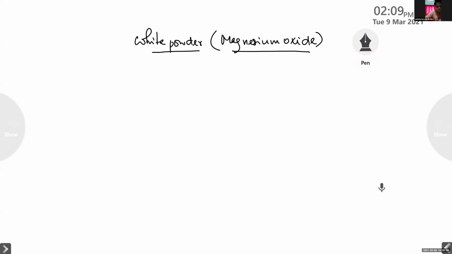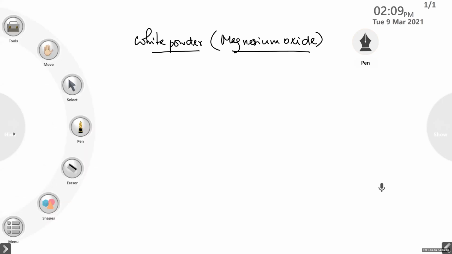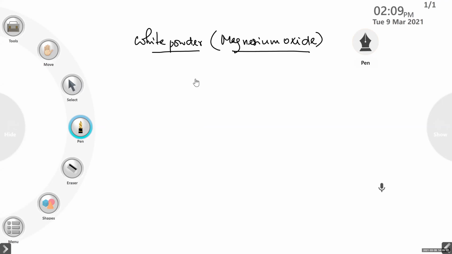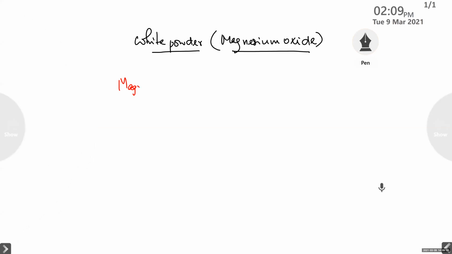Okay. So we can write this in the form of an equation. You write this reaction in the following way. What is the reaction here? When magnesium ribbon burns, magnesium combines with oxygen.